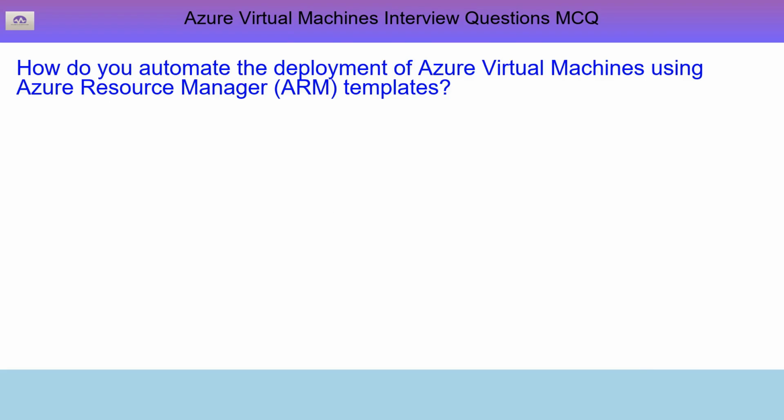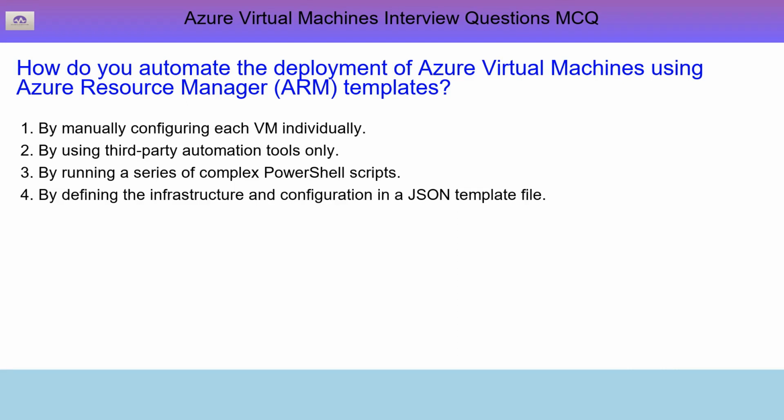How do you automate the deployment of Azure Virtual Machines using Azure Resource Manager Templates? Here are your options. 1. By manually configuring each VM individually. 2. By using third-party automation tools only. 3. By running a series of complex PowerShell scripts. 4.